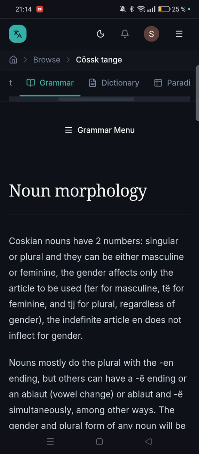I wasn't planning on doing this, but I think it's not that hard. So, Koskian nouns can be singular or plural, and they can be either masculine or feminine. Etymologically, this is like Latin into the Romance languages. The neuter and the masculine merge together into masculine, so we have only masculine and feminine.